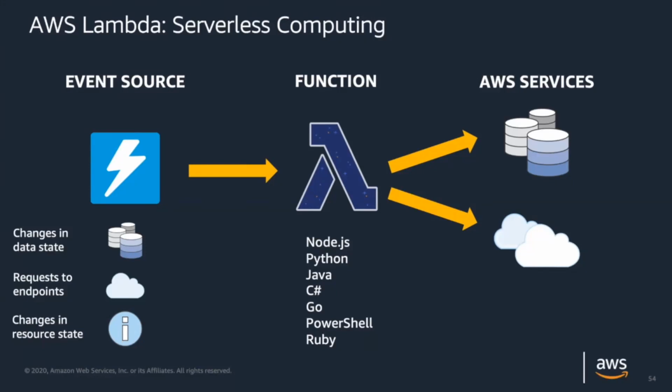Lambda is event driven, so it can be invoked by using triggers as well. A trigger is a resource or another service or another Lambda function that you can configure to invoke your function in response to certain lifecycle events.